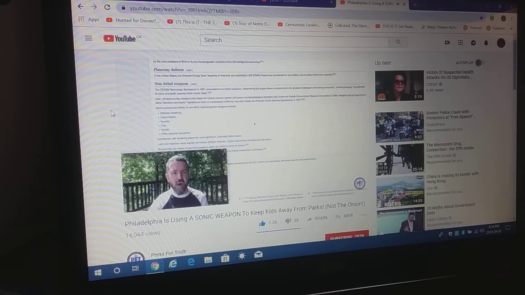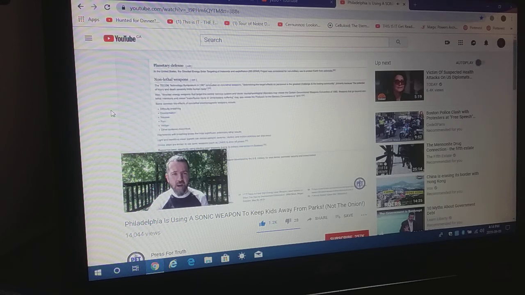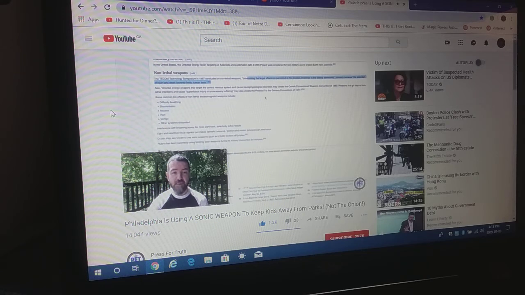You see here, it says non-lethal weapons. The Tele-Technology Symposium '97 concluded on non-lethal weapons that determining the target's effect on personnel is the greatest challenge to the testing community, primarily because the potential of injury and death severely limits human tests. Also, directed energy weapons that target the central nervous system and cause neurophysiological disorders may violate the Certain Conventional Weapons Convention of 1980. Here we go.